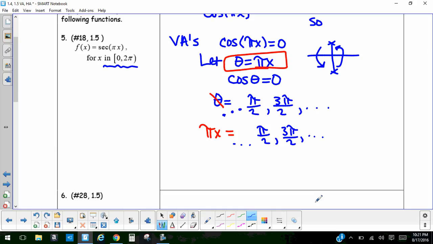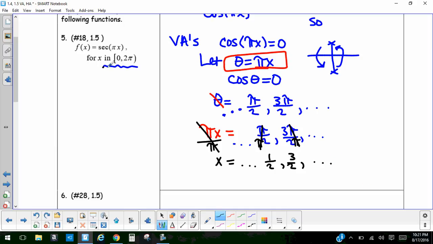I algebraically need to get rid of that pi because I need to know just what x is. So I divide by pi there, and I also divide by pi here, and here, and I would keep dividing for all those different options. So x is equal to, could go on in the left direction, 1/2, then 3/2, could go on in the right direction forever and ever.